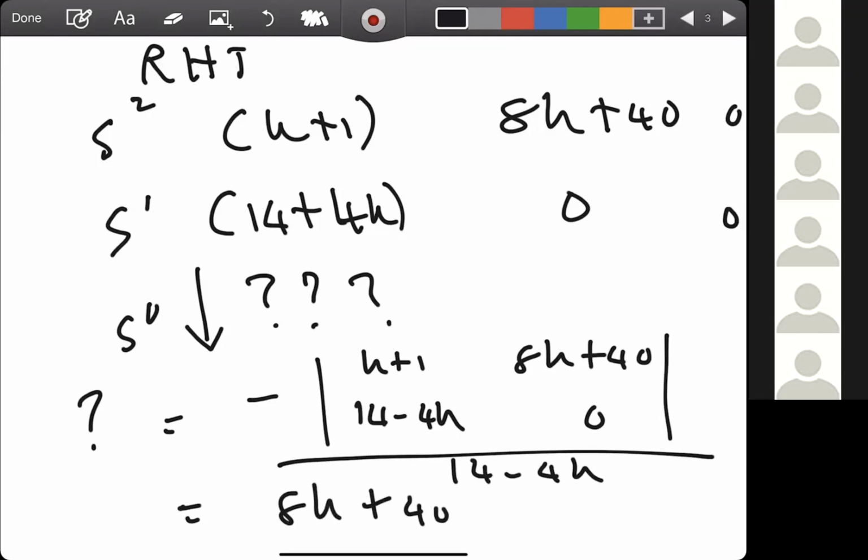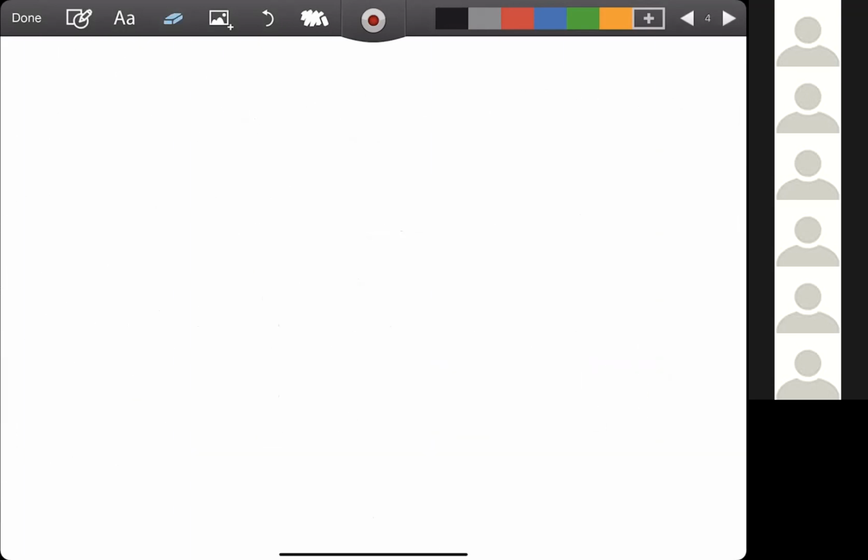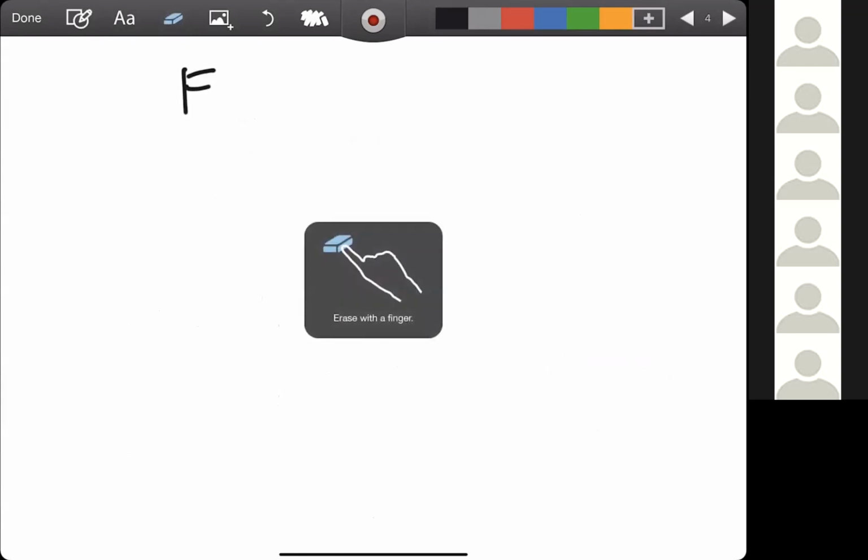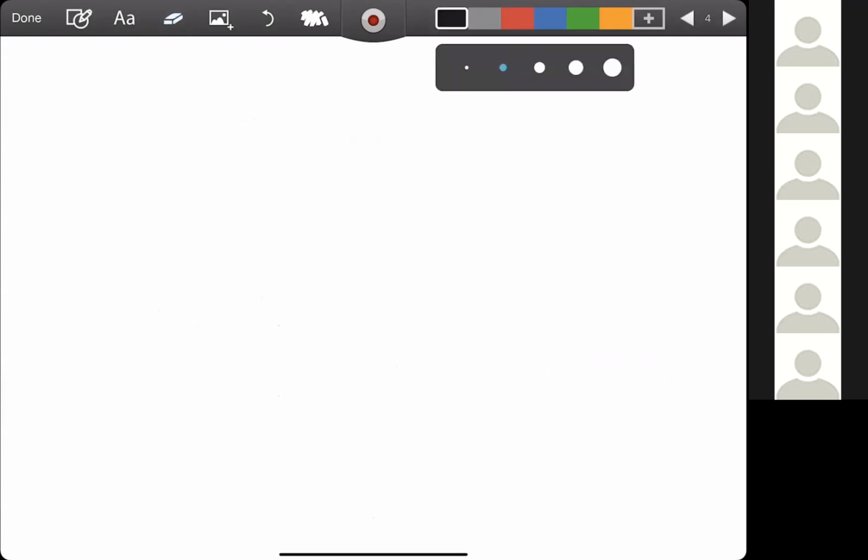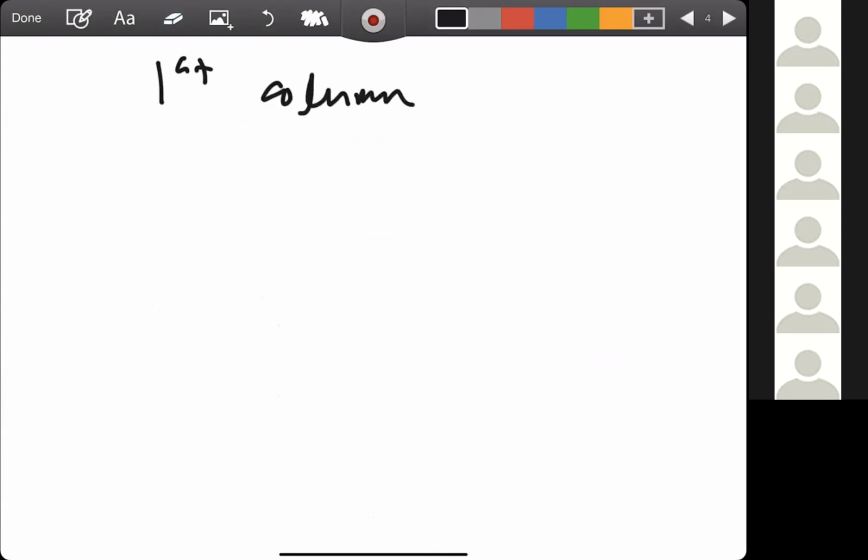Okay. So the first column of Routh's table.